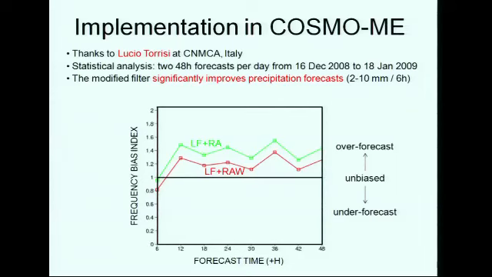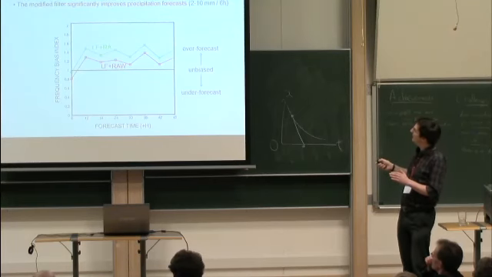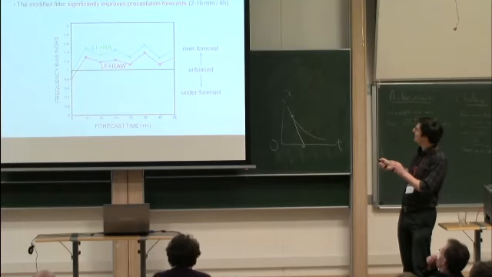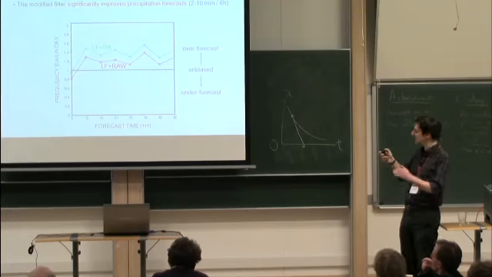We can look at a study here which was done by launching 2 48-hour forecasts every day over this period. And what's plotted here is the frequency bias index, which is defined to be the number of times in this period, in these forecasts, for which precipitation was predicted between 2 to 10 millimeters per 6 hours, divided by the number of times it actually did rain between 2 and 10 millimeters in 6 hours.